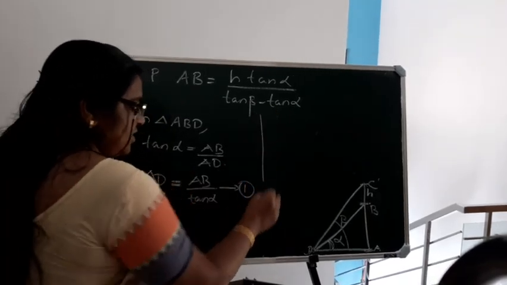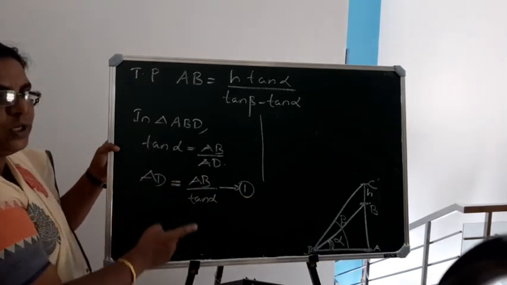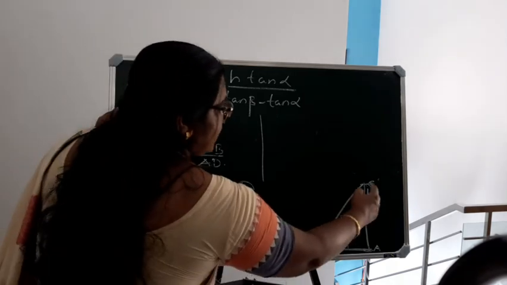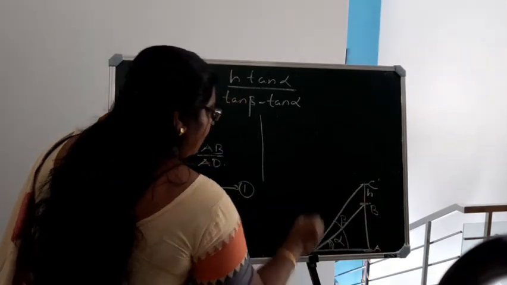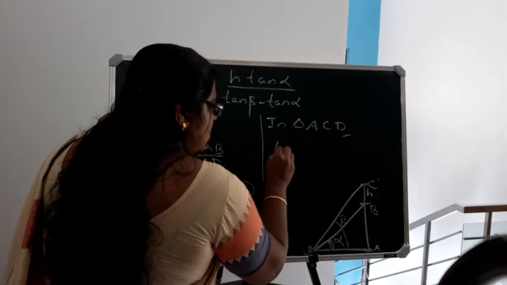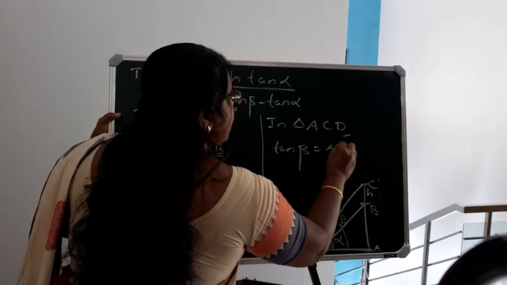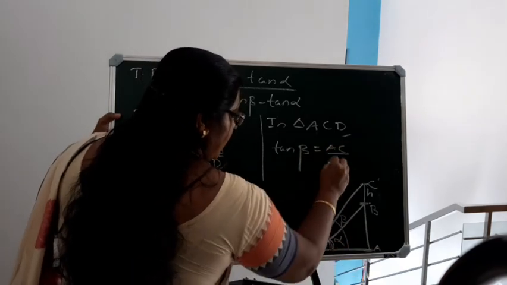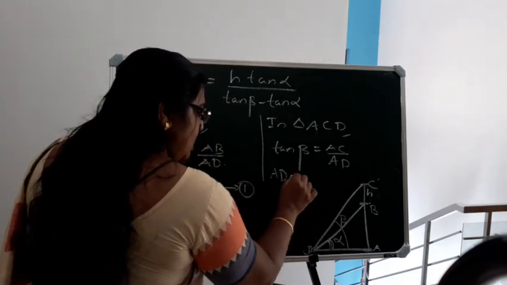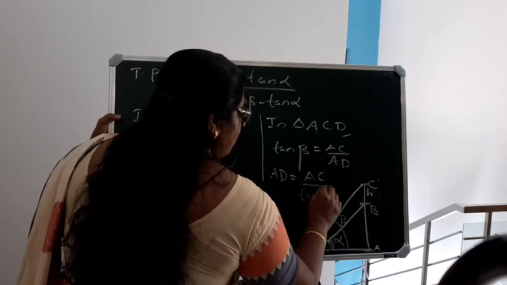And consider another triangle. From that also we can find AD. Then equate those two equations and simplify for AB. Next, in triangle ACD, tan beta is equal to the opposite side AC divided by AD. So from this one, AD is equal to AC divided by tan beta.